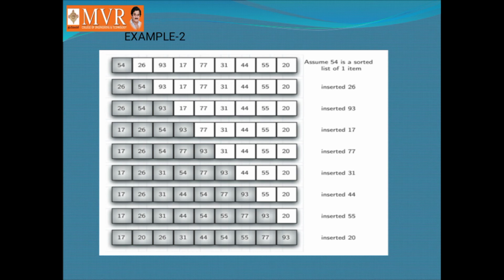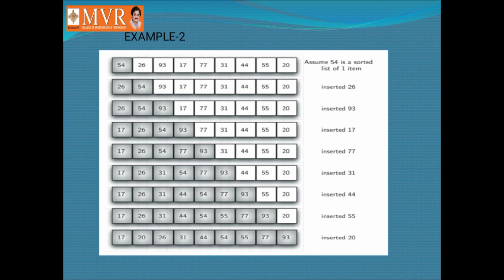Okay. See, in the seventh step you can see it: 17, 26, 31, 44, 54, 77, 93, 55 and 20. In the next step, that is last but one step, I compare 55 with all the elements at its left side, starting from 93.